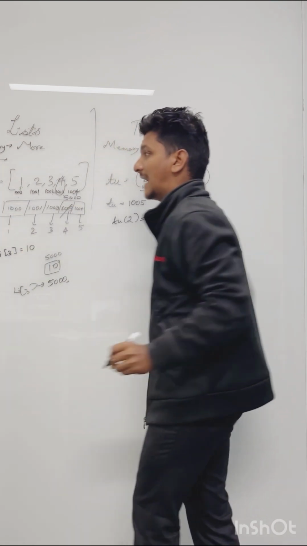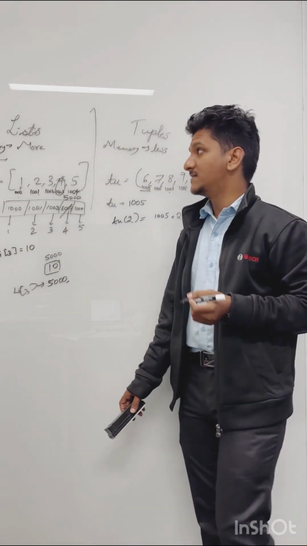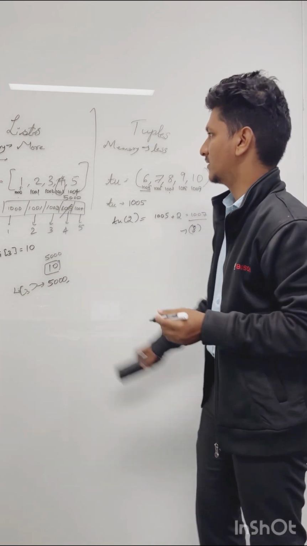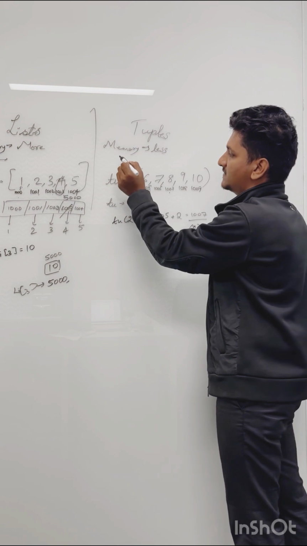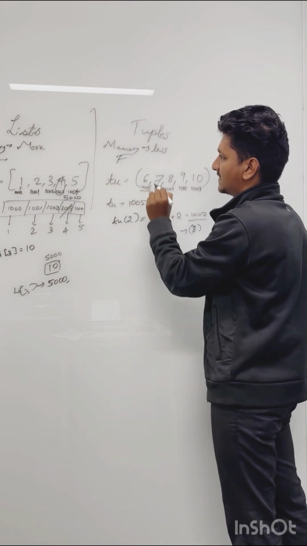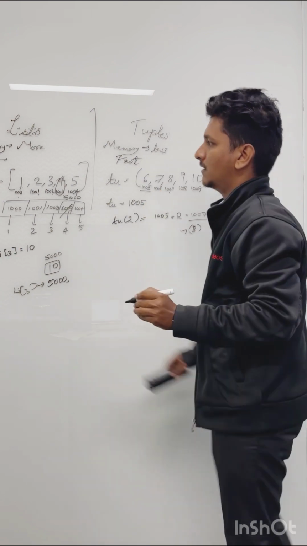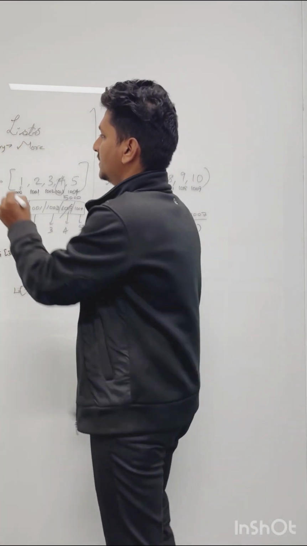And then accessing speed in case of list will be comparatively slower, whereas accessing a tuple will be very fast. Accessing a list will be slower.